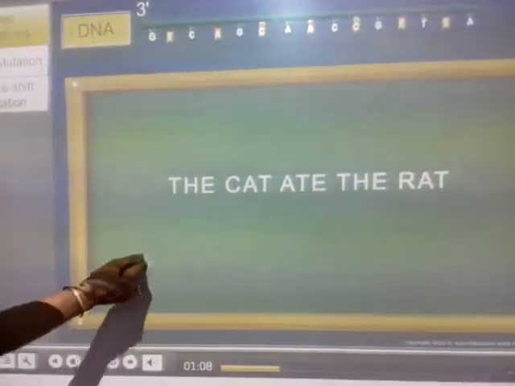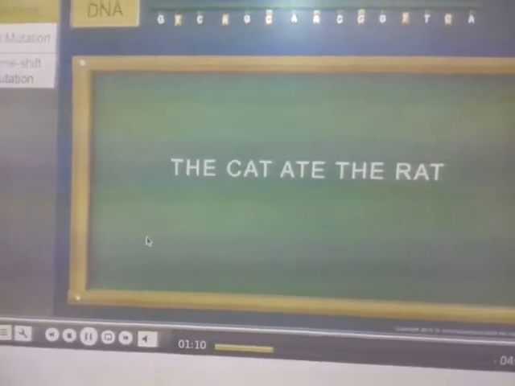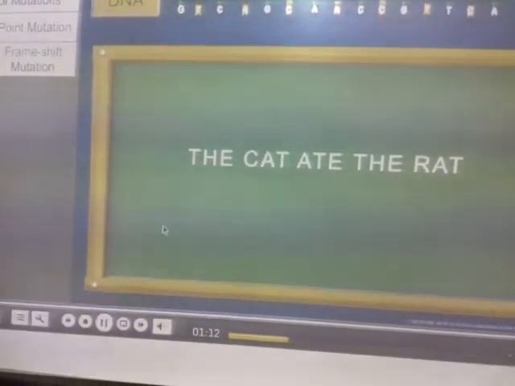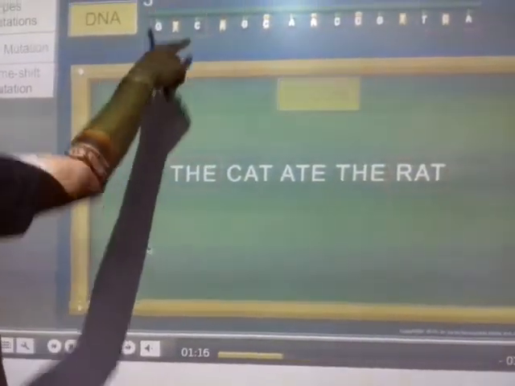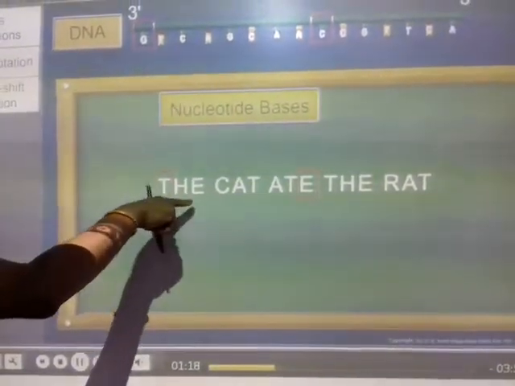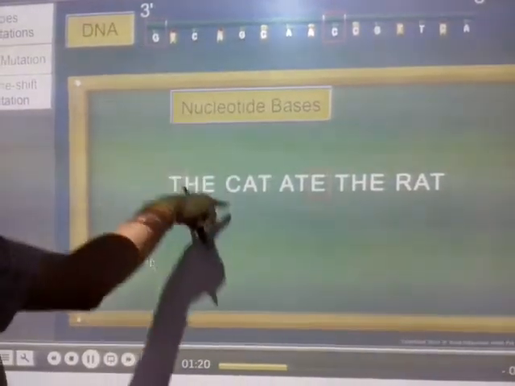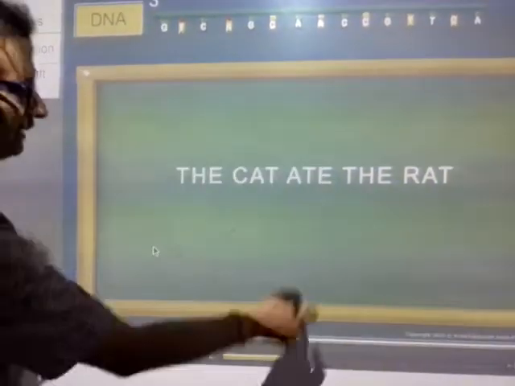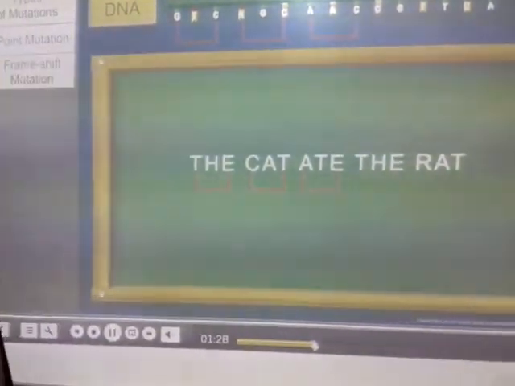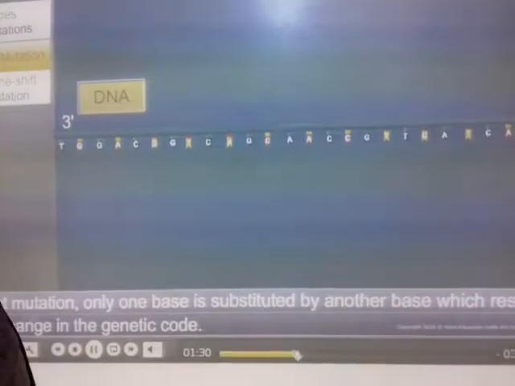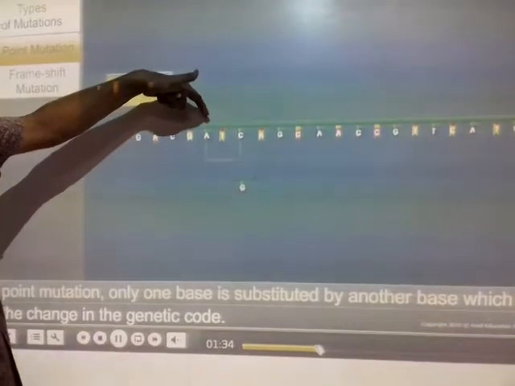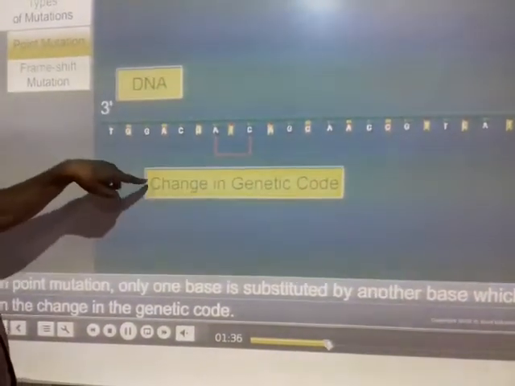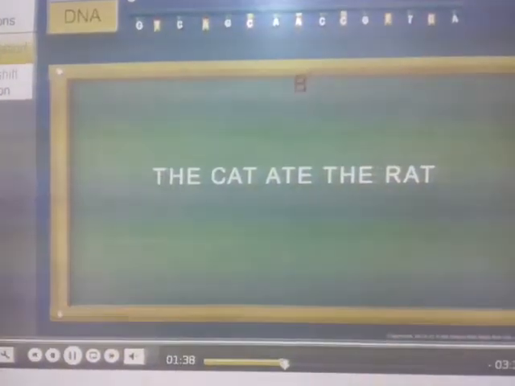Now see what happens during the point mutation. GUC is replaced, showing TAG. This is the nucleotide base. Since this is an example, the example is like this. They are showing all the sequence. Now a wrong base pair is coming and joining here, which causes a change in the genetic code.